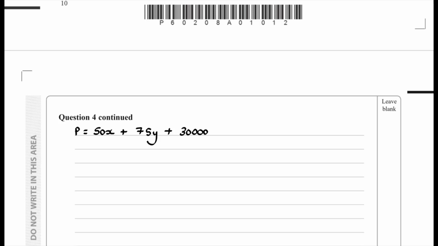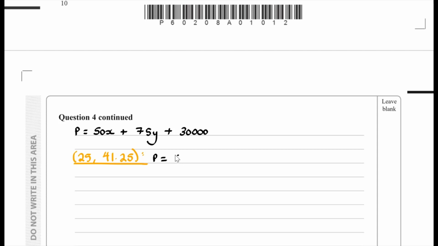And if we consider that point of 25 and 41.25, we simply substitute all this back into our p over here.